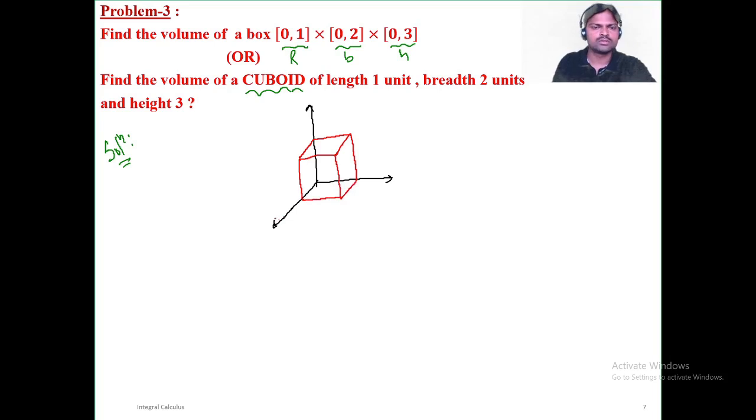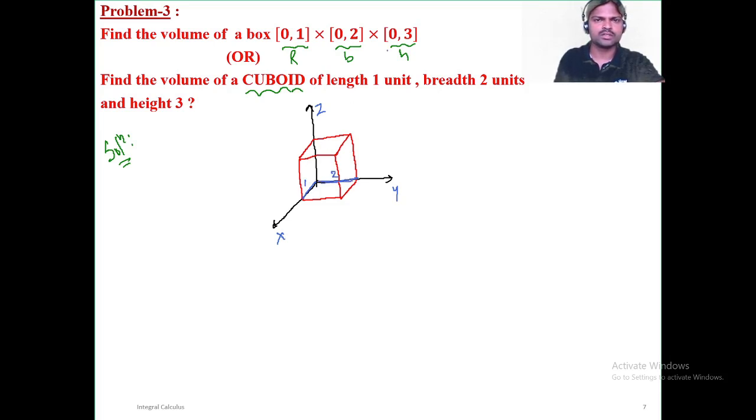Consider this is the x-axis and this is the y-axis and this is the z-axis. So x is varying from where to where? 0 to 1. Therefore this length is 1 unit. And y is from 0 to 2 units. So this length is 2 units from here to here. This length is equal to this length, therefore it is also 2 units likewise.